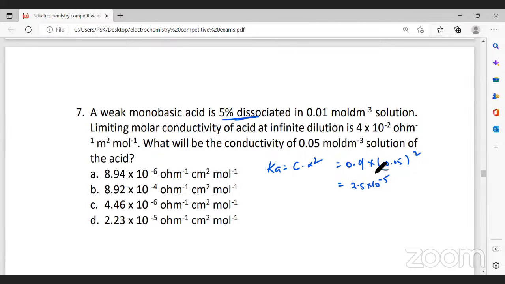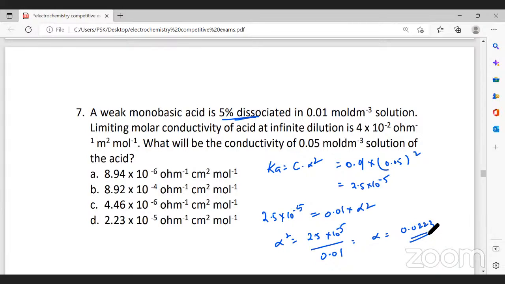From this, 2.5 into 10 to the power minus 5 will be equal to 0.01 into alpha square, or alpha square will be 2.5 into 10 to the power minus 5 divided by 0.01. On simplification, we will get alpha to be 0.0223.